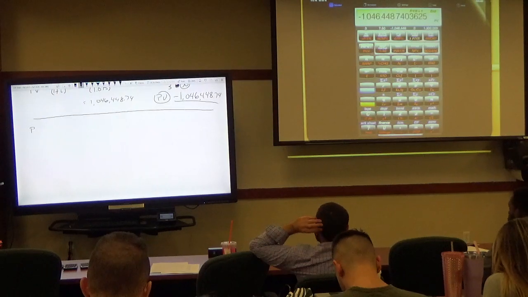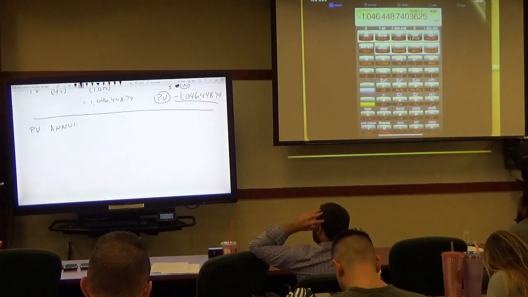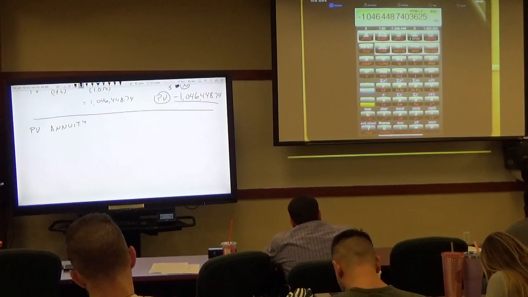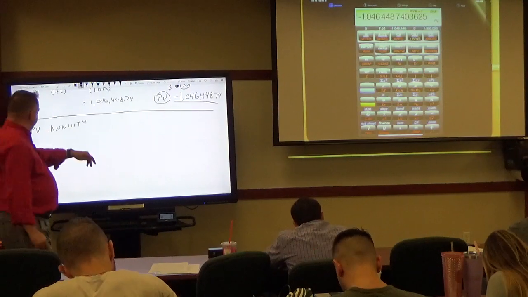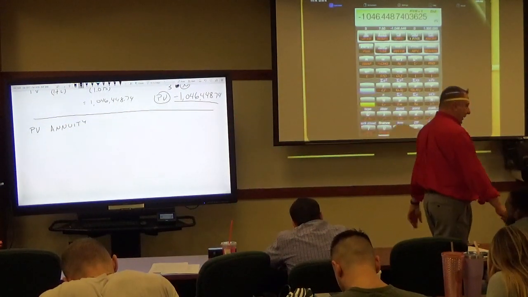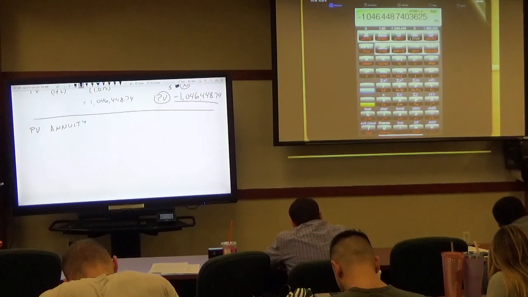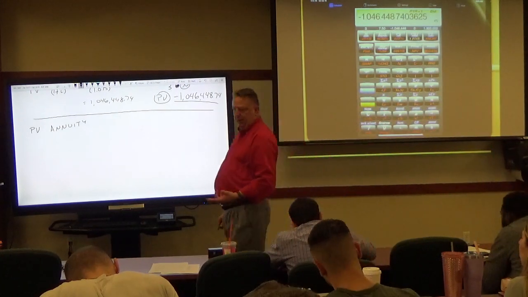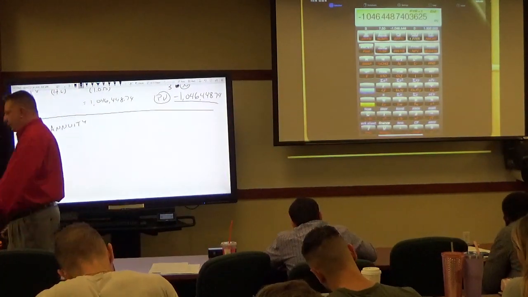So, let's say we want to do present value of an annuity. This is a situation where we have a rental rate, and we want to find out the value of that rental income. That would be one application of this.